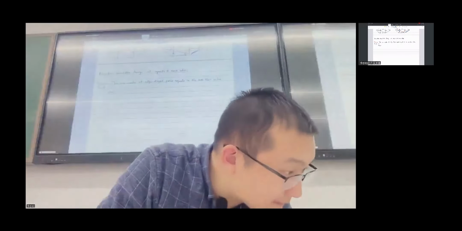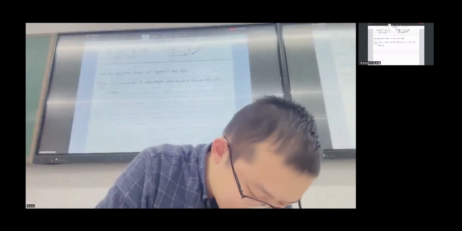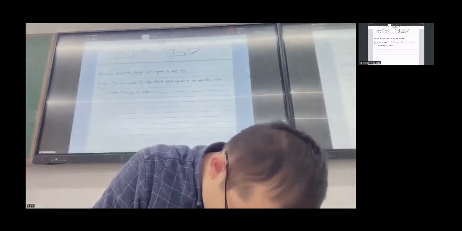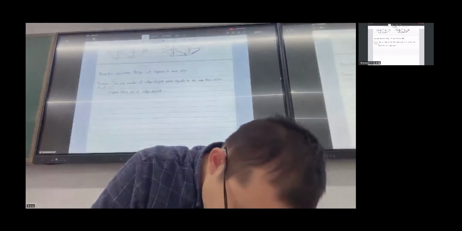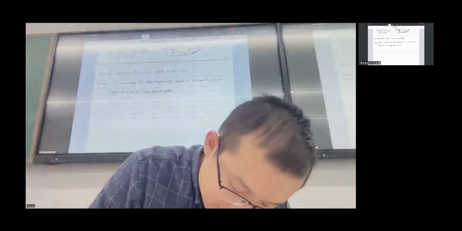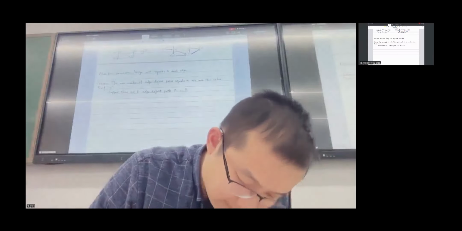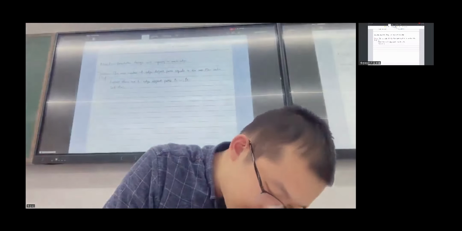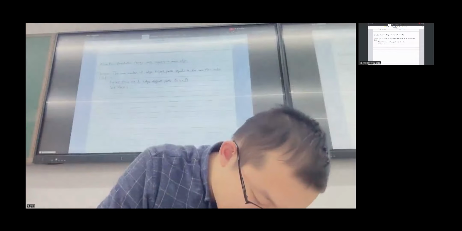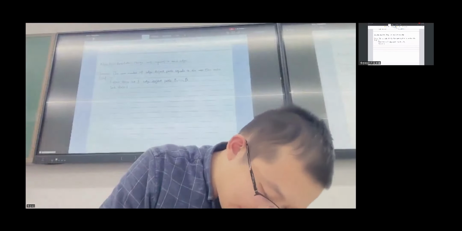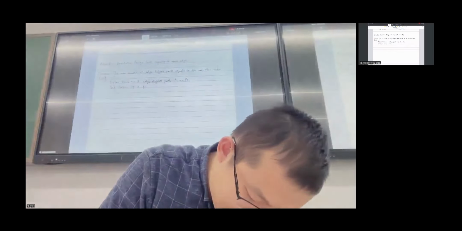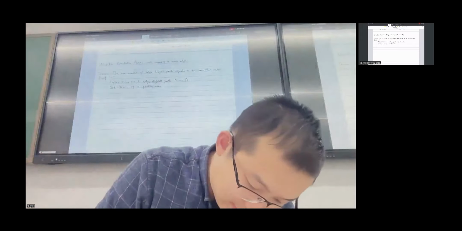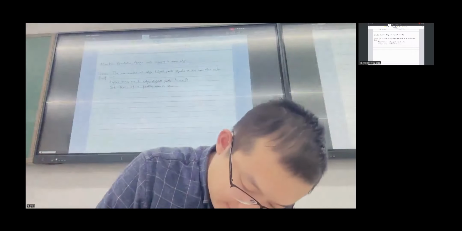Suppose there are k edge disjoint paths. Let's say there are P1, P2, up to Pk here. And then as we said, let F equal 1 if e participates in some path Pi.